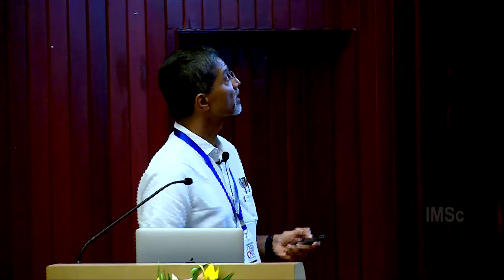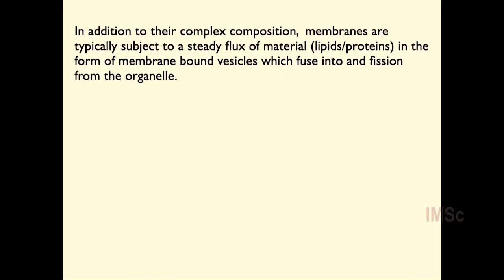We know that these membranes have a very complex composition, and there is also a steady flux of material in and out of these compartments. These membranes do many things. They host proteins and they compartmentalize the cell. They also host protein machinery for various jobs, and they do a lot of sorting of proteins.